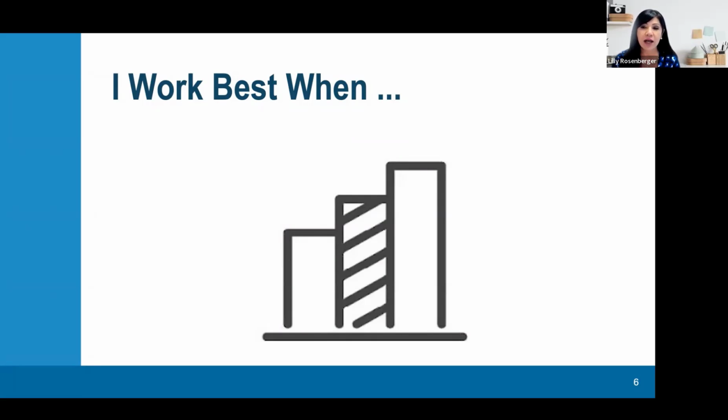On the next few slides, we'll ask you to consider under which types of conditions you work best. For context, you can consider how you like to work at your professional job, or even how you like to work on a project at home. Regardless, just answer each question honestly and know that we aren't looking for a right answer, as these will be based on your personal preferences.